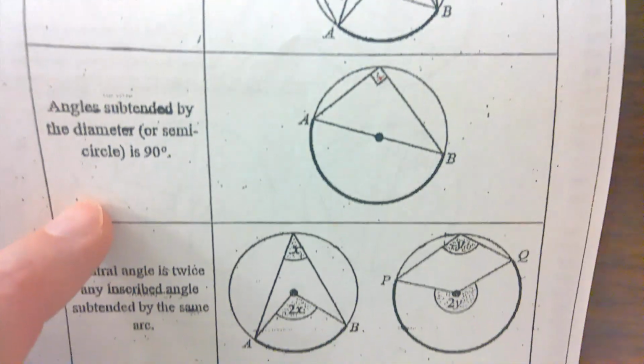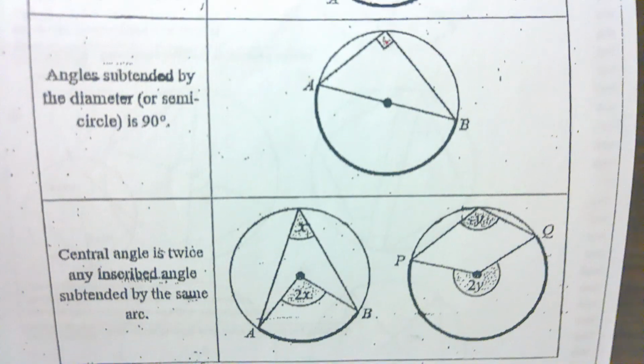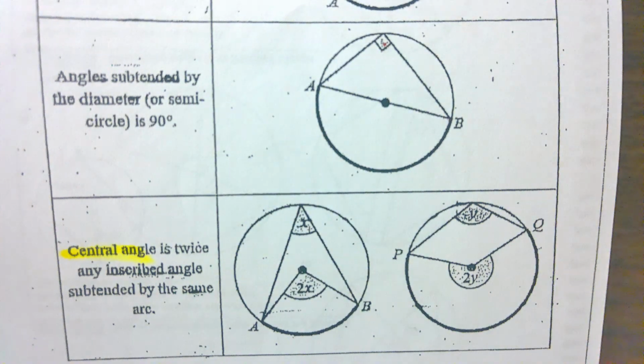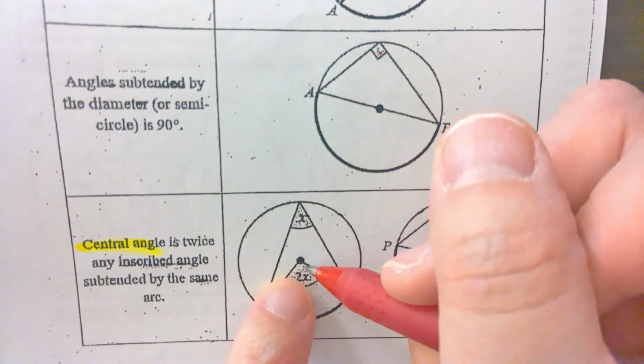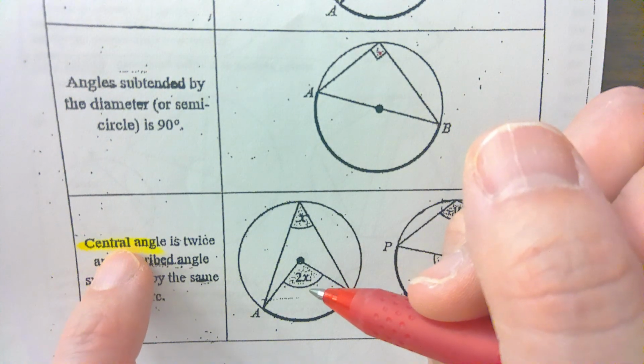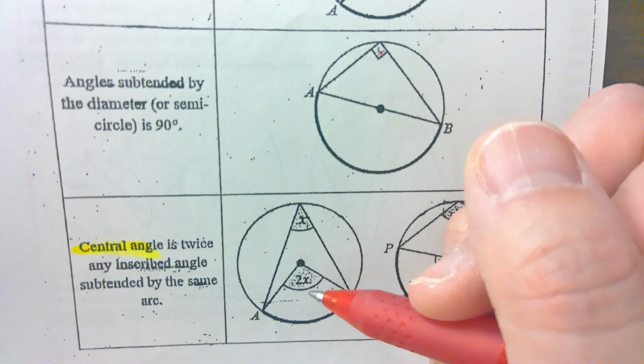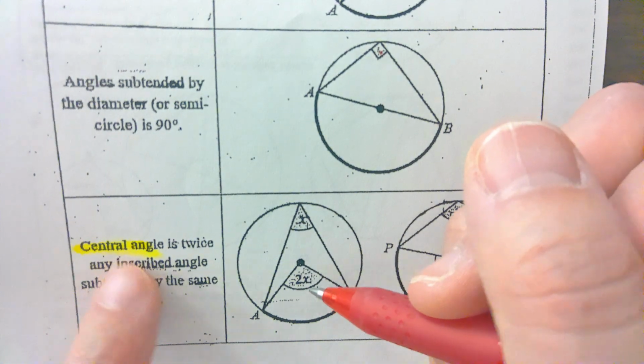And central angle. Central angle is the same idea, but going to the center. Okay, and it's not called center angle. I have seen it so many times on the quiz, on the test. There's no such thing as center angle. It's central.